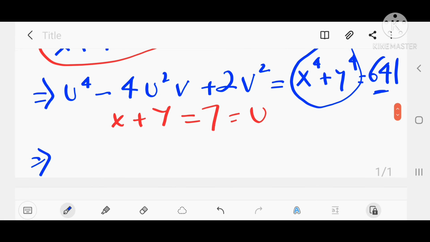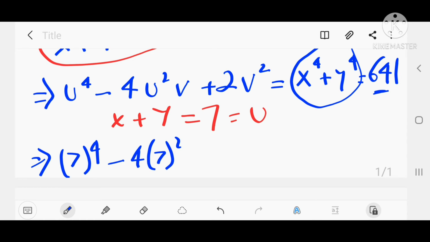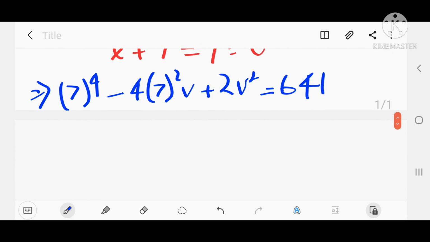This implies that, substituting 7, we have 7 exponent 4 minus 4 times 7 exponent 2 times v plus 2v squared equals 641.